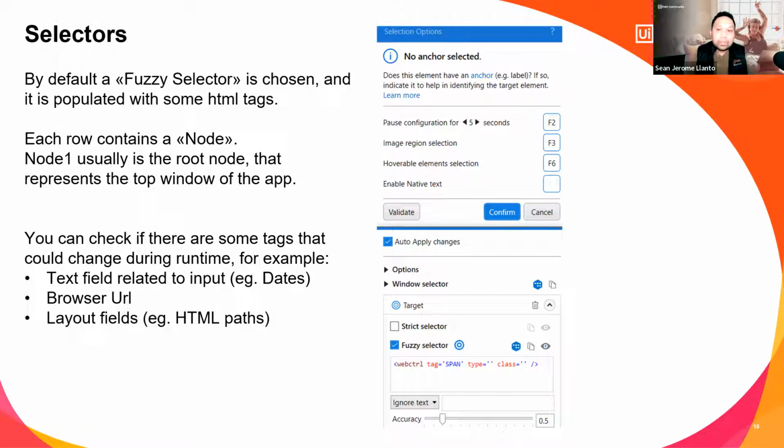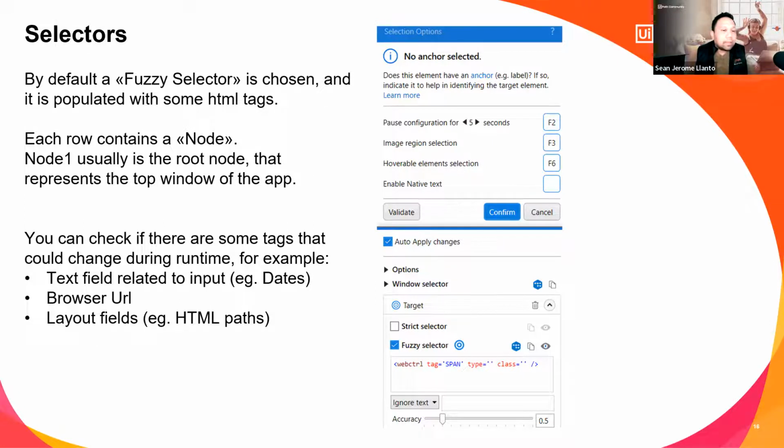And then 2020 onwards, if I'm not mistaken, after the 2020.4 release, the modern design experience was launched. It made it a lot easier for us developers to make a more stable automation, because it gives us various options when we are interacting with user interfaces.